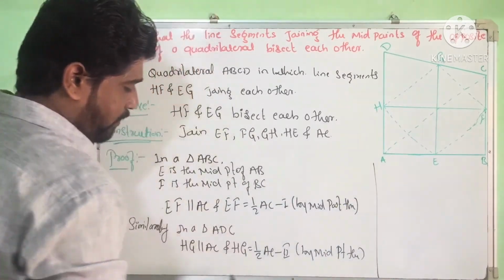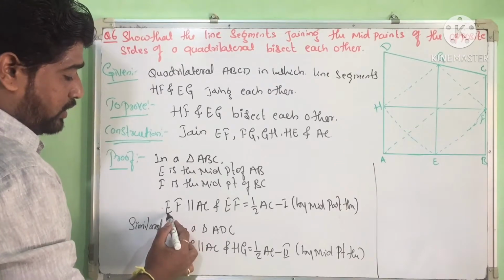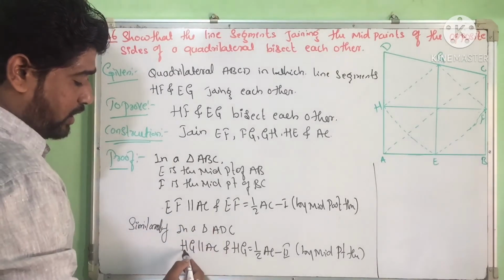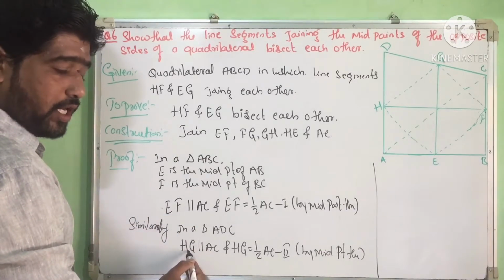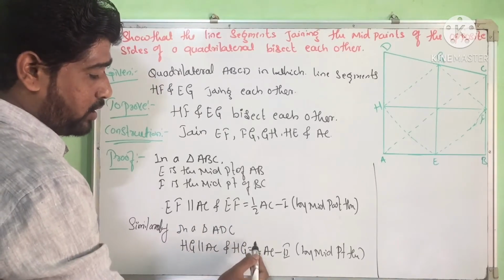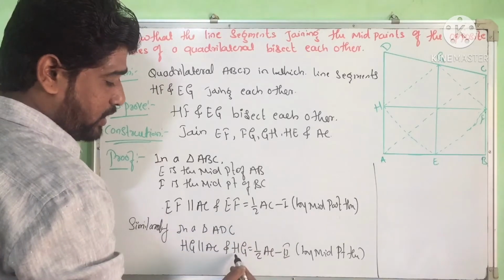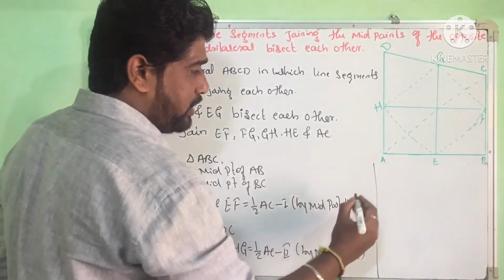So here from equation 1 and 2, see here EF is parallel to AC. Here GH is parallel to AC. It means EF is parallel to GH and EF is equal to GH because EF is equal to half of AC, GH is equal to half of AC. RHS are equal means LHS are equal, right?